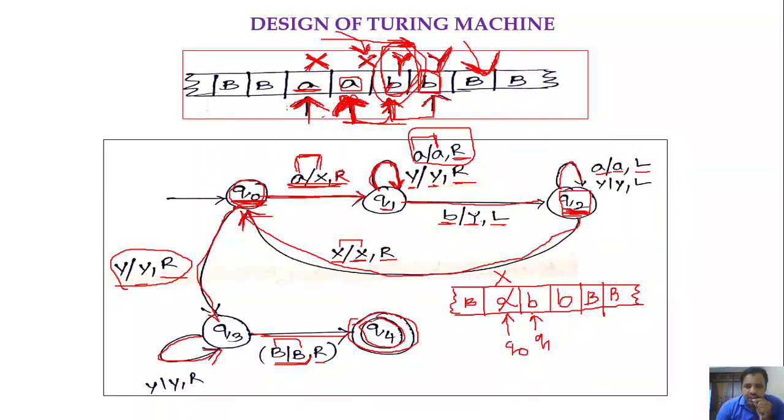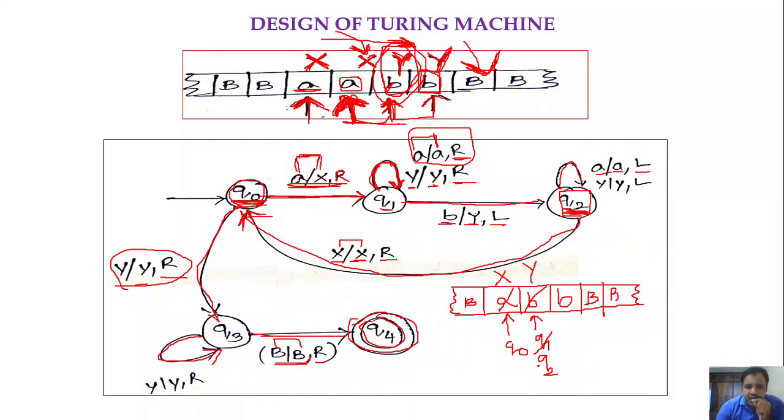Now it is pointing to B and we are in state Q1. So we got B in Q1. We will replace that B with Y, and we move from state Q1 to Q2 and move the head towards left.